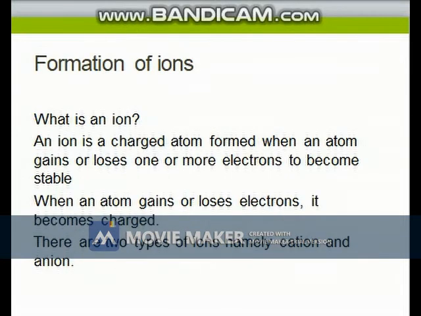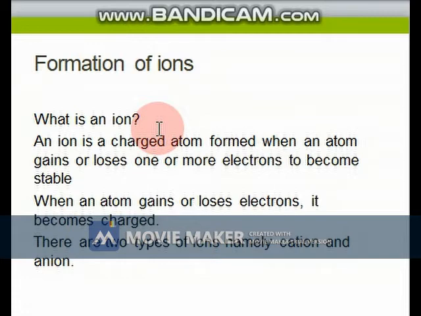We are going to look at another very controversial part known as formation of ions. Now, ions are formed when an atom gains or loses one or more electrons to become electrically stable.